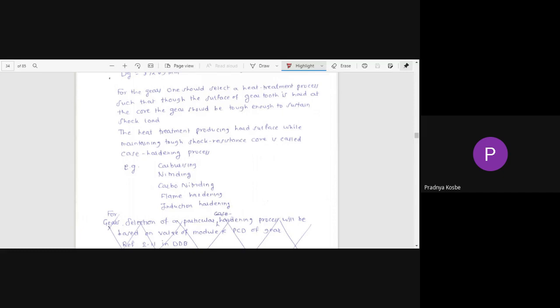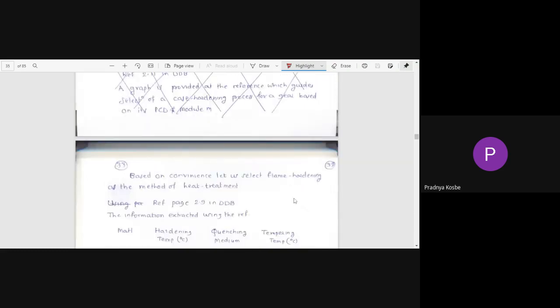So failure will obviously be a fatigue failure. So they should be tough enough to sustain the shock loading. You know various heat treatment processes such as carburizing, nitriding, carbonitriding, flame hardening, and induction hardening.